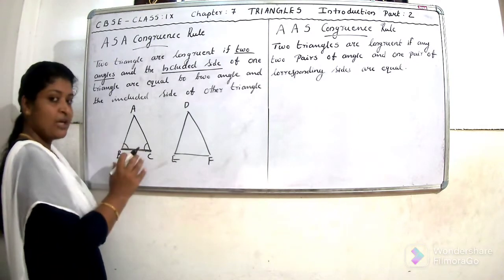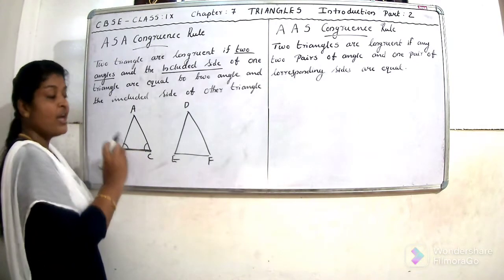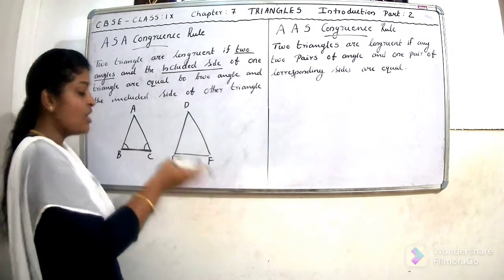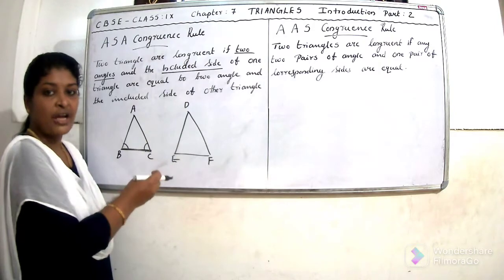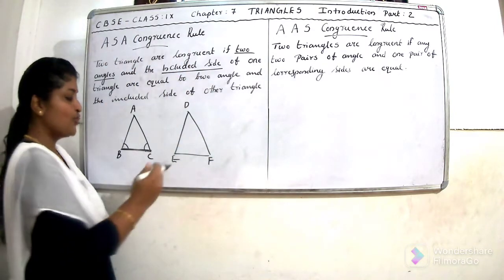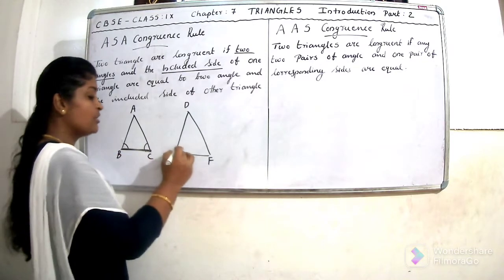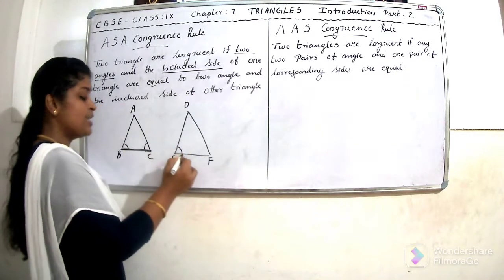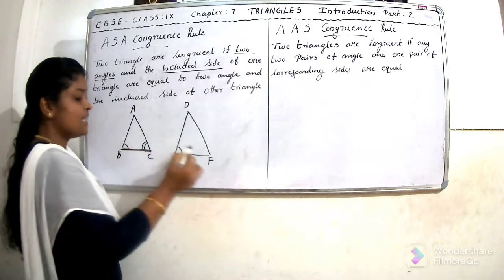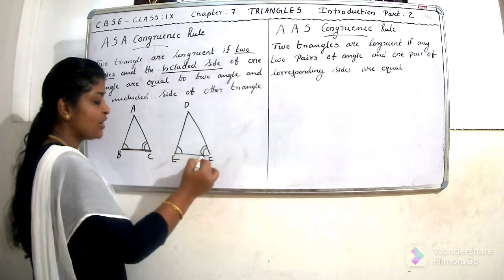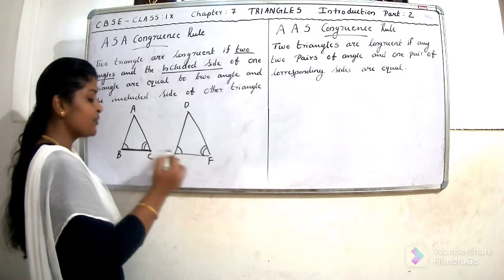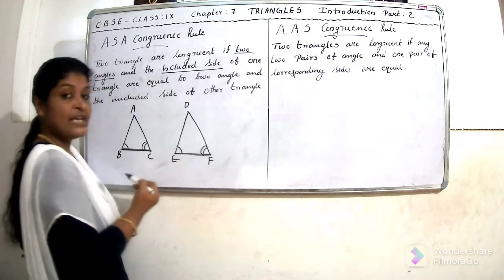Similarly, if the corresponding angles in the next triangle are also equal, then we can say these two triangles are congruent on the basis of this congruency rule. So angle B is equal to angle E, corresponding angle C is equal to angle F. These two are corresponding, and the included side is BC here, and here the included side is EF.